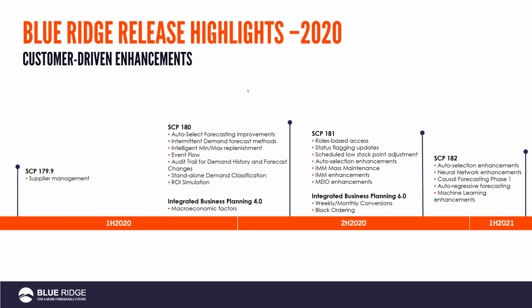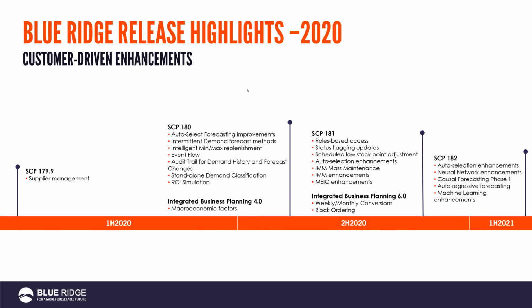We also have some auto selection enhancements to support science that was introduced in 180. And finally, we have some other customer-driven capabilities around roles-based access, status flagging, and scheduled low stock point adjustments.